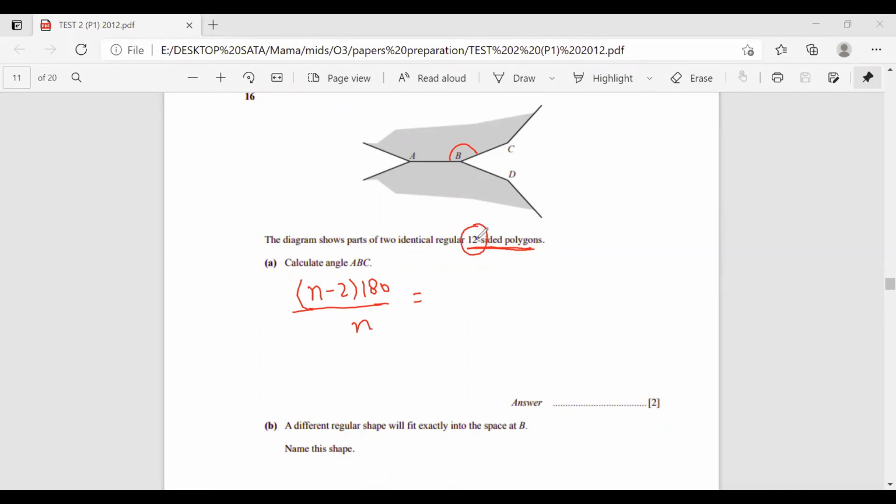In this question, the polygon is 12 sided, so I can write 12 in replacement of n. So 12 minus 2 is 10, and 10 times 180 is 1800 by 12, which is 150. So my answer is 150 degrees.